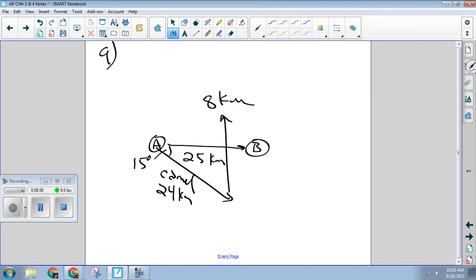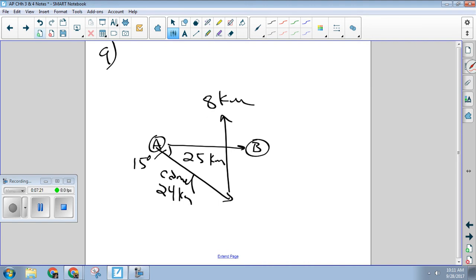We need to figure out a way to write this as a vector addition problem, right? So, Peter, talk to me. What are you thinking? So you kind of treat that inside triangle as one being, and then you could use 24 sine 15 to find the segment of that 8-kilometer path that is within the triangle.